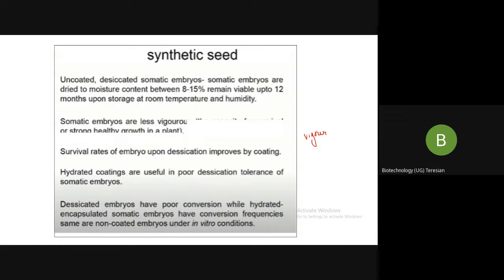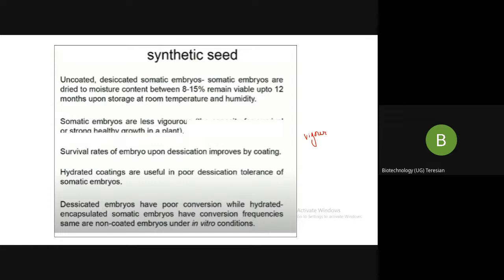So there should be vigor in your embryos, I mean the plant embryo. That is the time it takes to regenerate into the plantlets and the protection from the environment, so that it should not become non-viable.